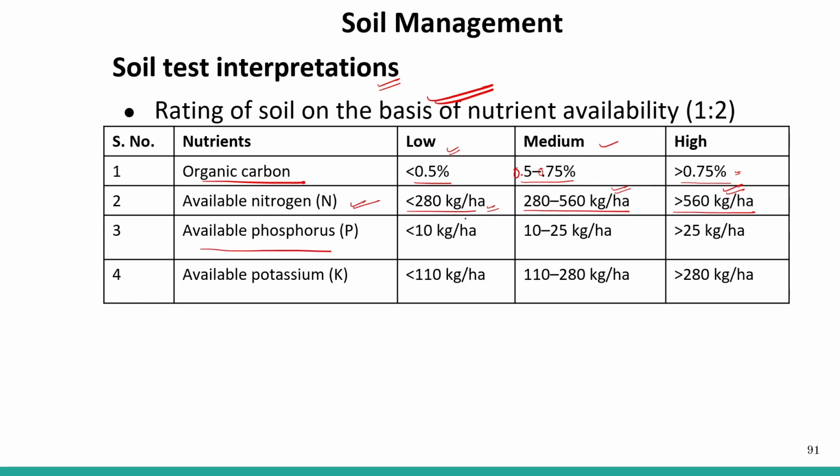Available phosphorus: less than 10 kilogram per hectare is low, between 10 and 20 kilogram per hectare is medium, and greater than 25 kilogram per hectare is high. Available potassium: less than 110 kilogram per hectare is low, 110 to 280 kilogram per hectare is medium, and above 280 kilogram per hectare is high.